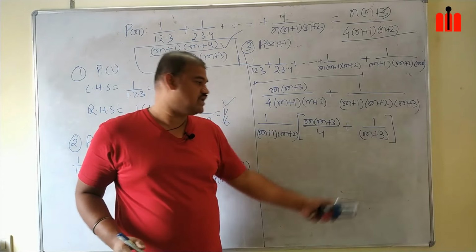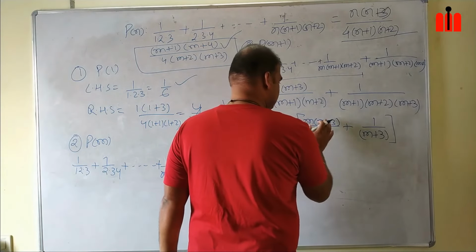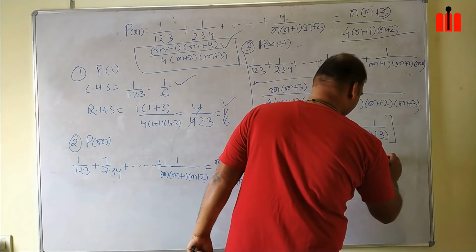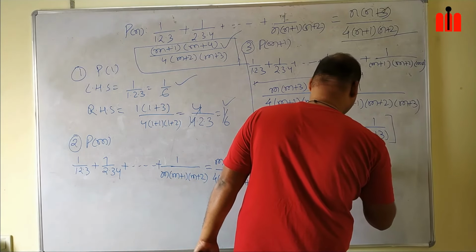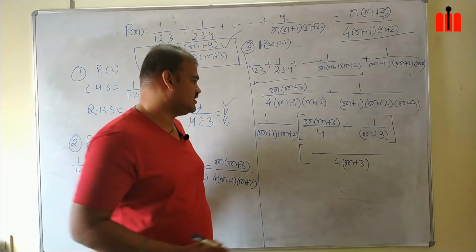Now we take the LCM of 4 and m plus 3, which is 4 into m plus 3.